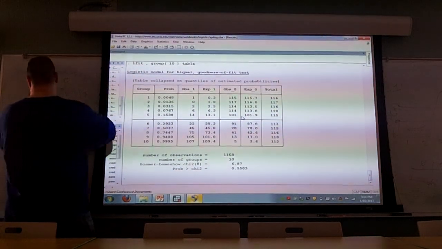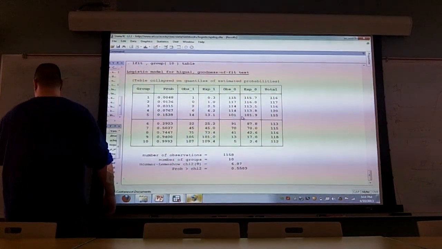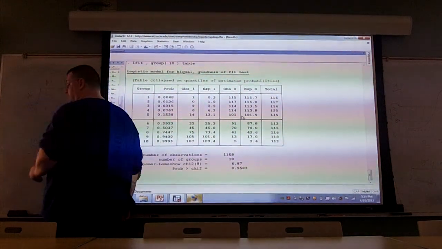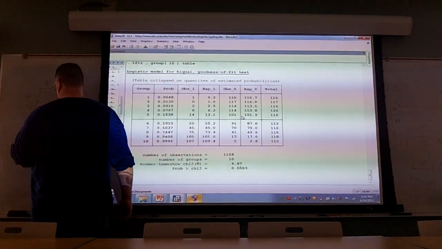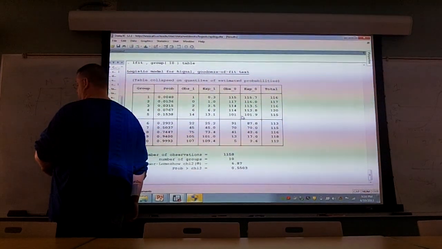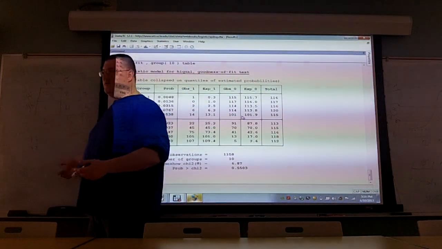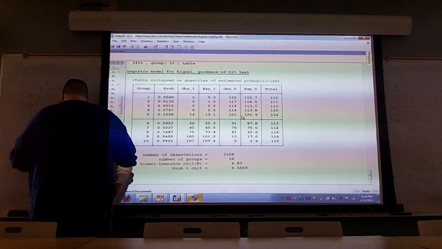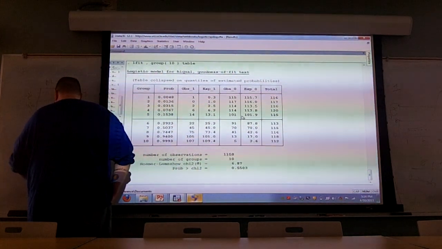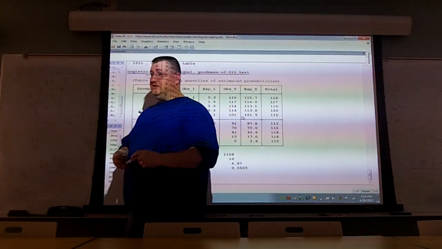The expected for this cell is going to be the product of the margins divided by the total. So what's 42 divided by 12? It doesn't matter what it is. But then I would do observed minus expected, squared, divided by the expected under the summation, and that's a chi-square statistic.